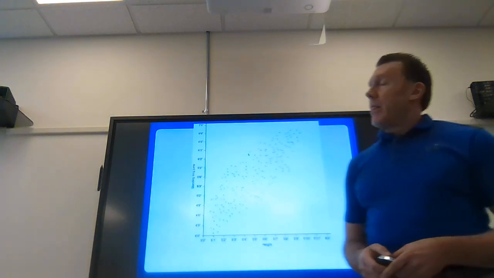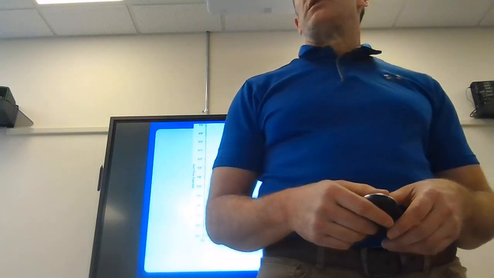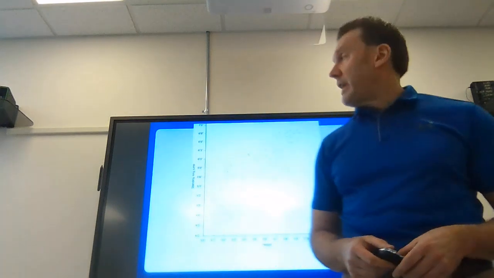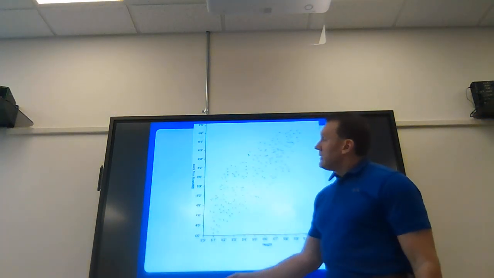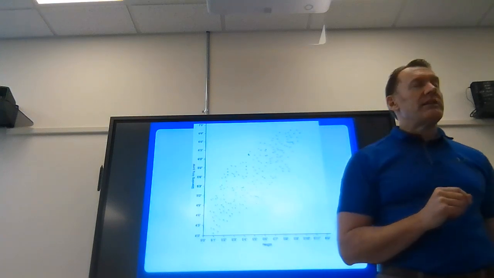So, other correlations we see between physical characteristics. This is just one from chapter 6 that pointed out: the correlation between long jump performance and standing height.